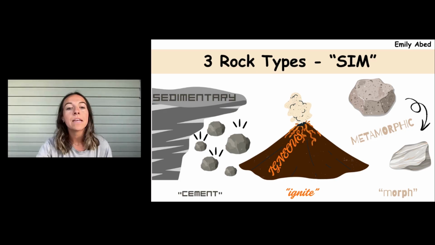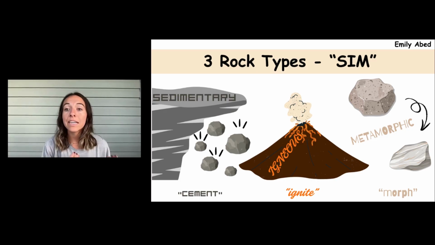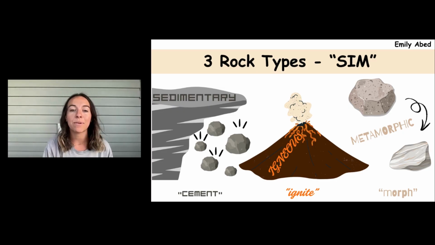So that would be cement. Igneous rock sounds like ignite, which is like fire, and that's where the molten lava comes in. There are all these connections, and ignite can form back to igneous, but it just represents that fire or lava type of rock. And then metamorphic, it's in the word itself.